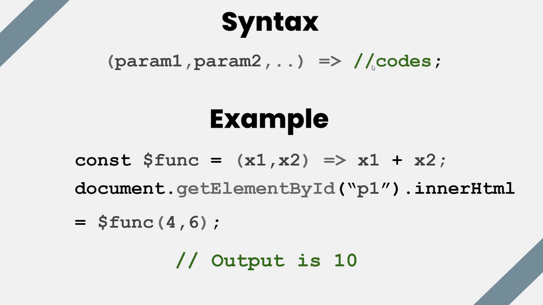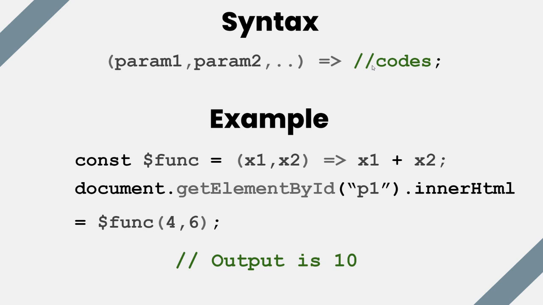So looking at this example now, you can see on the right hand side, that is from the equals to sign towards your right, within the parentheses we have our parameters of x1 and x2. Now after these parameters, we also have the equals to and greater than sign, which forms this arrow like symbol.